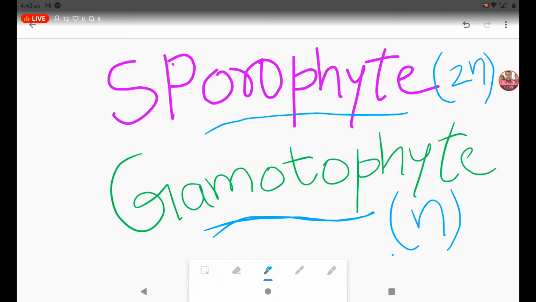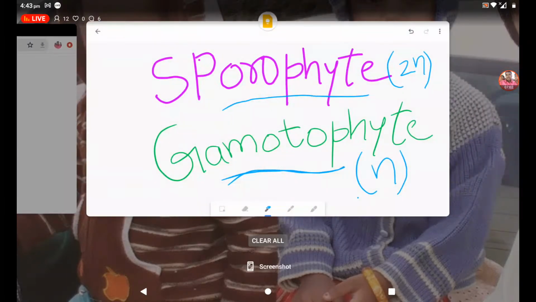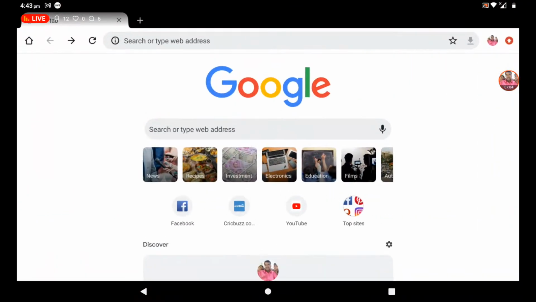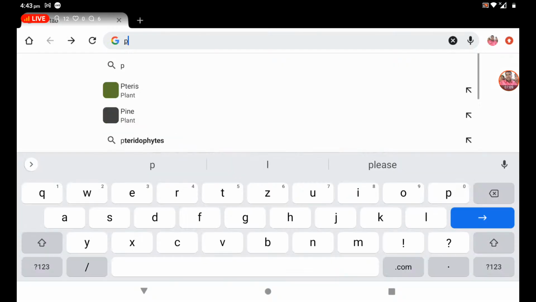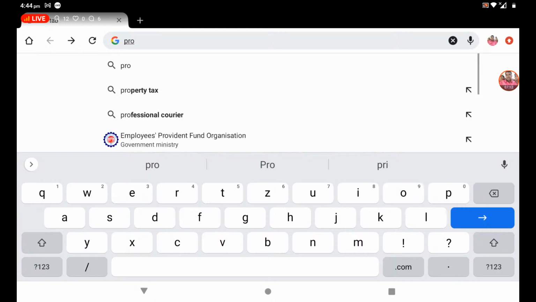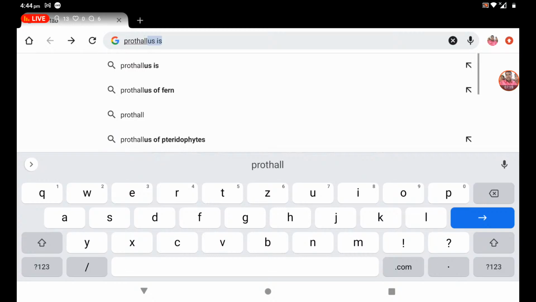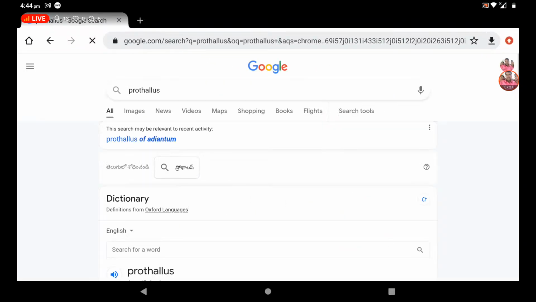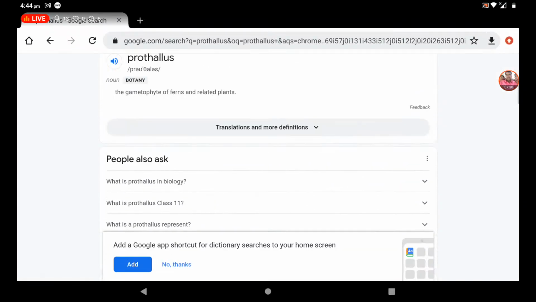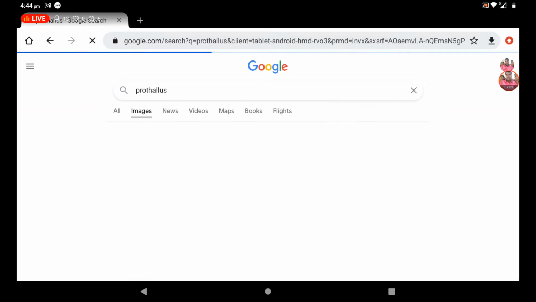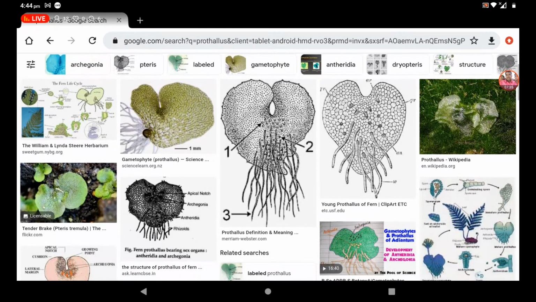I will take the structures, what exactly is identified in the Gametophyte of the Pteridophyte. Generally two stages are exhibited, as we already know. This is the prothallus of Pteridophyte.